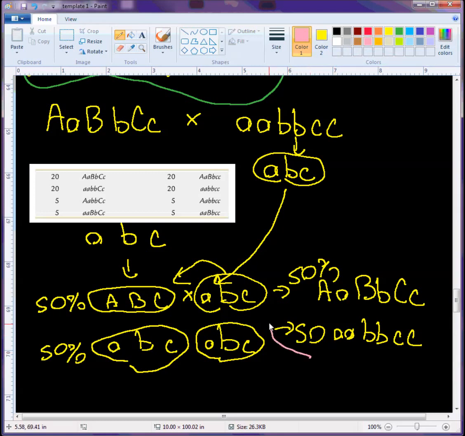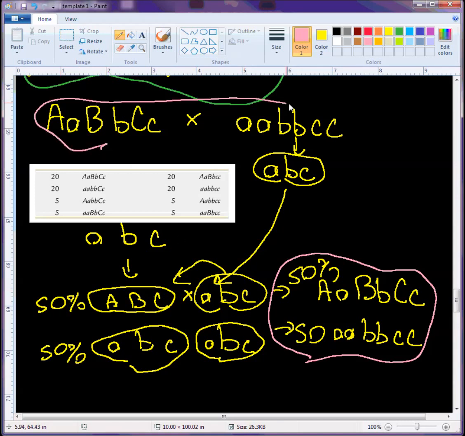If they were so tightly linked, we would see only 2 genetically different types of progeny as a result of crossing these 2 parents up here. 50% or 50 out of 100 would be this genotype, and 50 out of 100 would be this one.